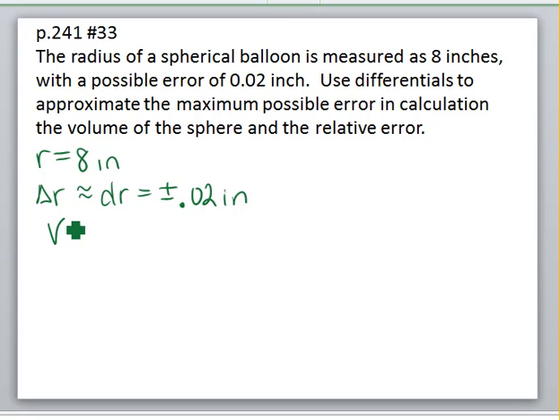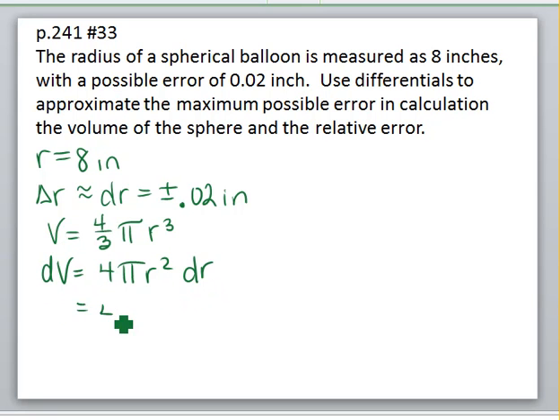Now I'm going to write down the formula for the volume of a sphere. And I'm going to use differentials to approximate that possible error. So I'm going to take the derivative, and the derivative will end up being 4 pi r squared dr. Really what I'm doing is I'm taking the derivative with respect to r, and I've already just moved over my dr. And then what I need to do is just plug in my known values.